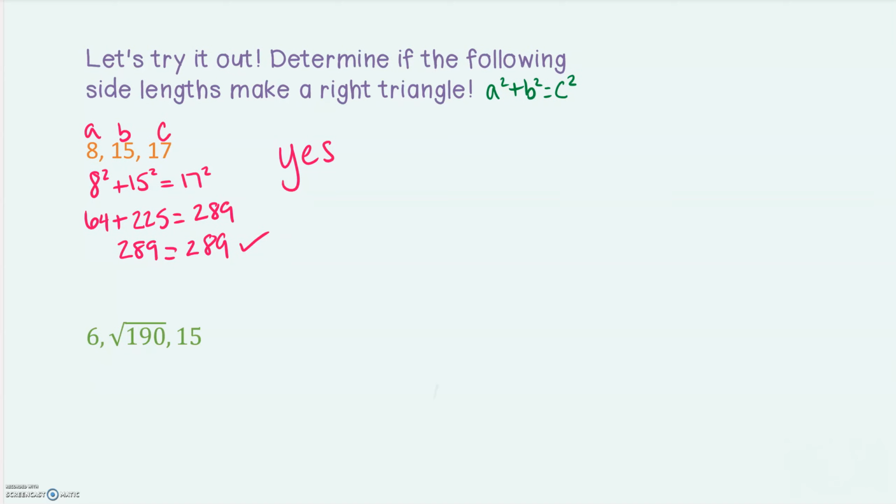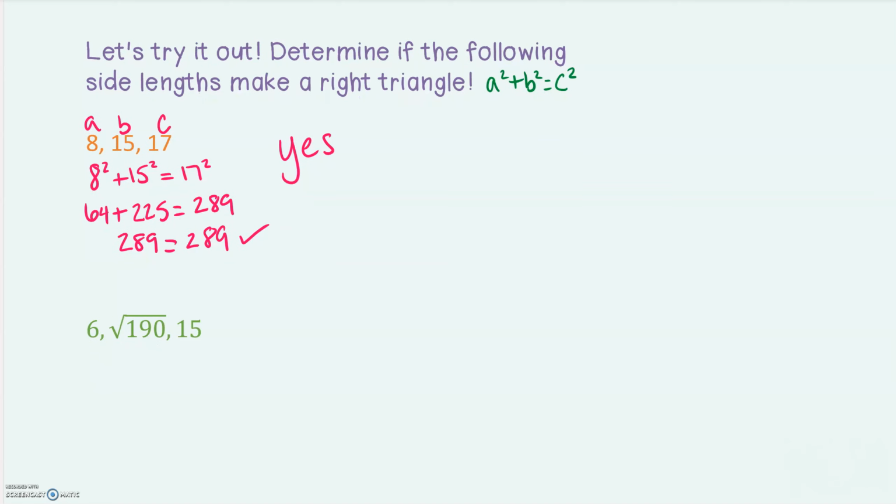So let's try this other one now. 6, square root of 190, 15. Now, if you remember, I said that the C value, our hypotenuse, has to be the biggest number. And I know that you see 190 and you automatically want to say that that's the biggest. But remember, we're taking the square root, so we're finding out what number multiplied by itself equals 190.